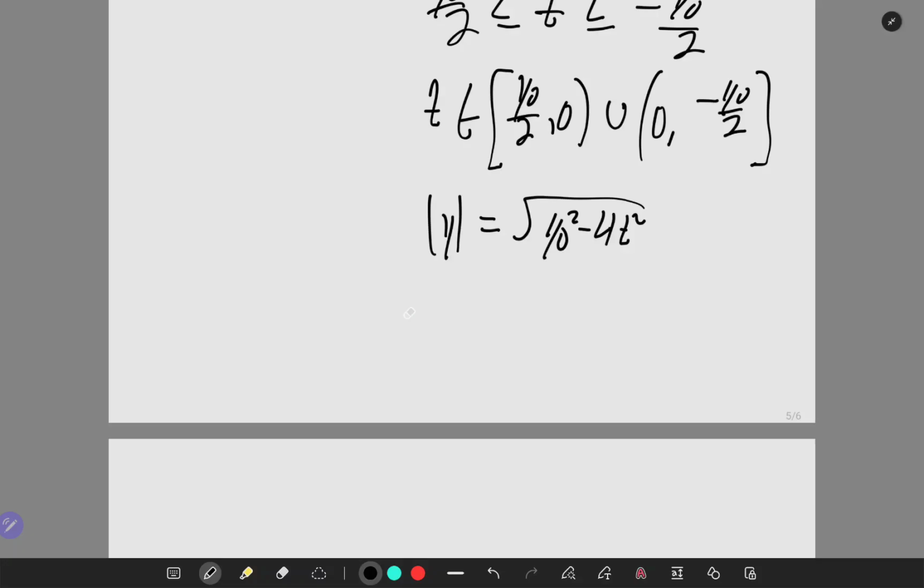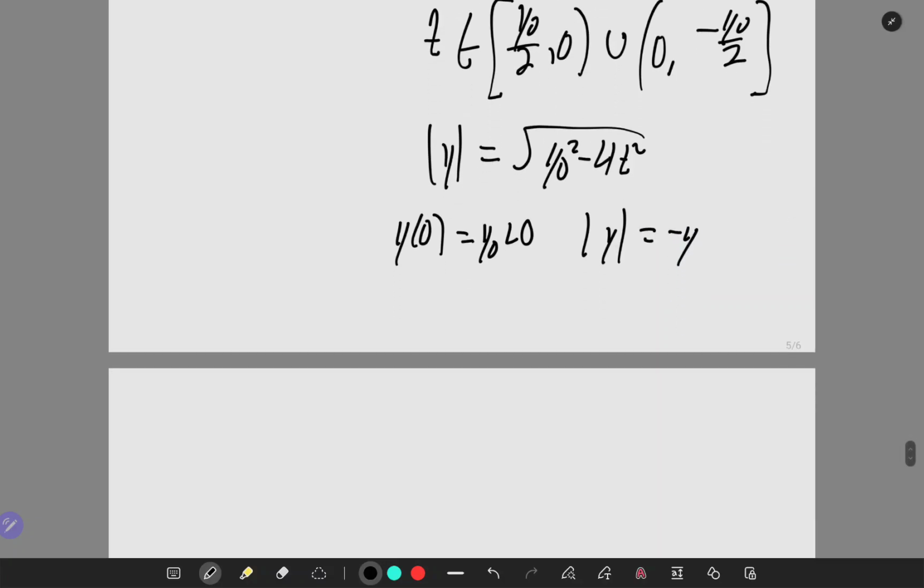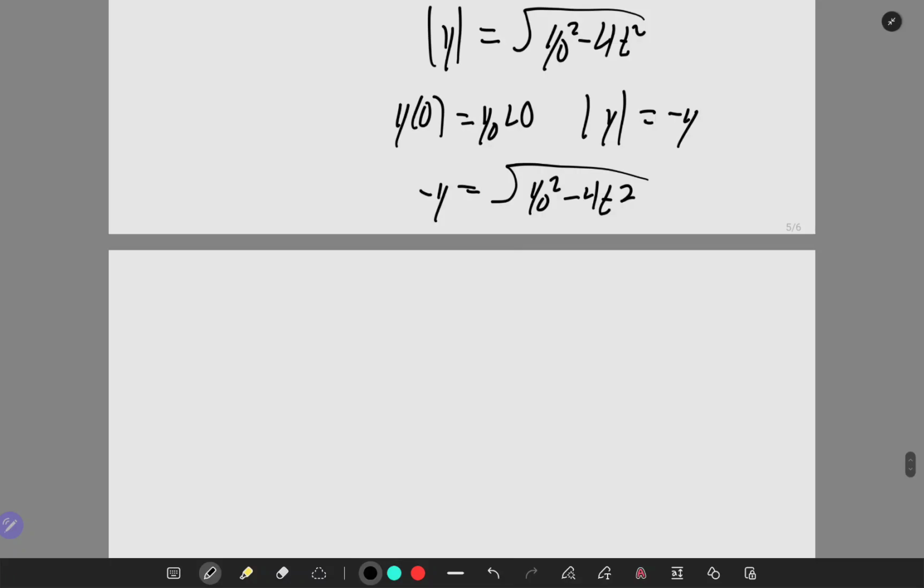Because you can think of it like this. I should have said this before too for the other one, but for this one we're going to have y naught less than 0. So that's going to tell us that the negative y is equal to the absolute value y naught squared minus 4t squared. So therefore we have just a negative value.